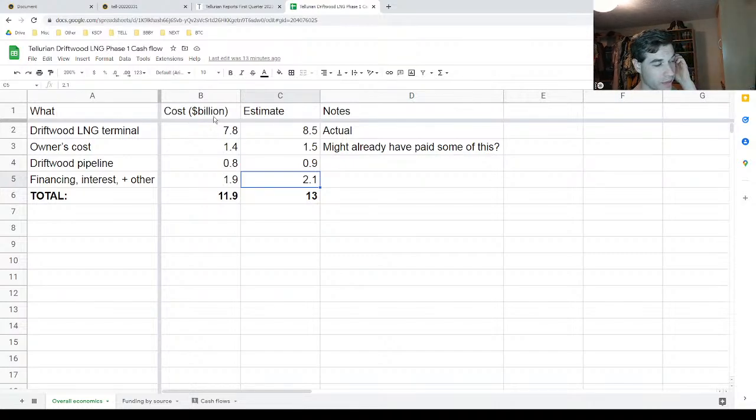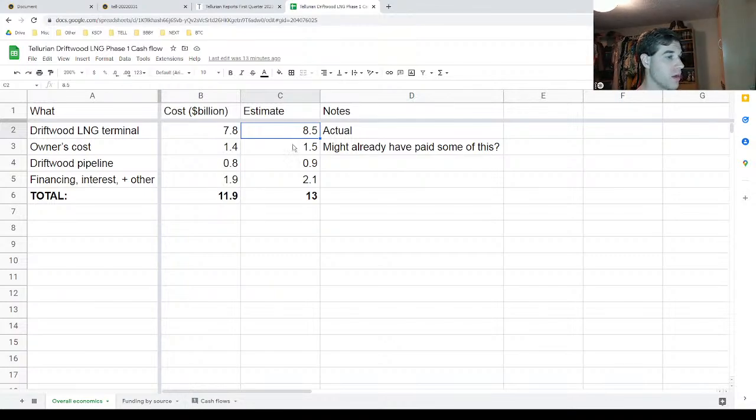But for now, again, this is what the costs were in that presentation in November 2021, as a, let's say, sample model. This is my new updated estimate, right? We have the Driftwood LNG terminal. I increased that to the $8.5 billion, as I went through that change order previously.